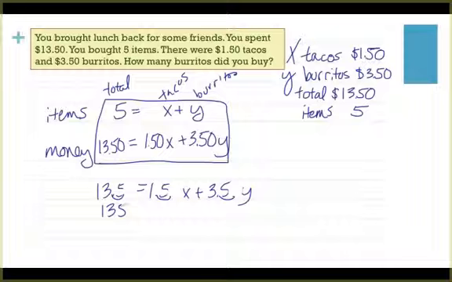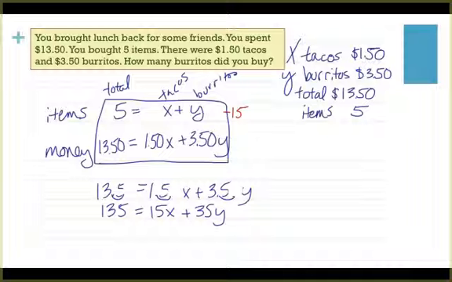So my equation is 135 equals 15x plus 35y. Much prettier. And then as I bring my second equation down, I want to multiply by the smallest thing I can. So I'm going to multiply by -15. That's what'll get that x to eliminate.